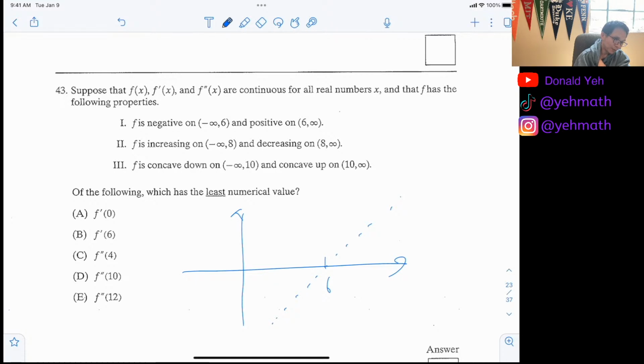F is increasing from negative infinity to 8. So 8 here. And after 8 it starts going down. I'm just gonna use the second thing to graph. So it's probably something like this.